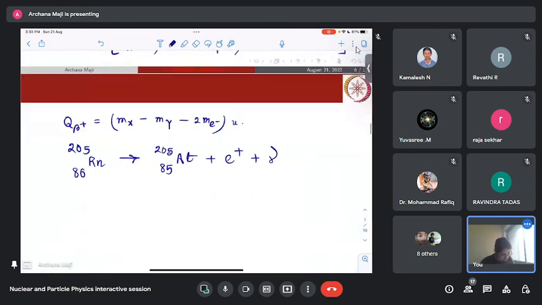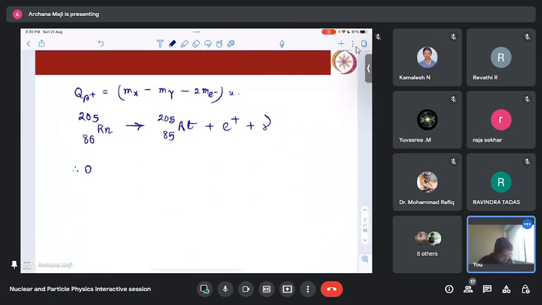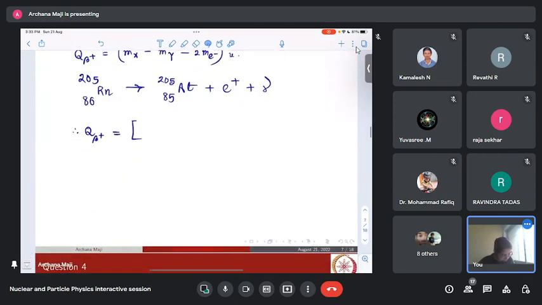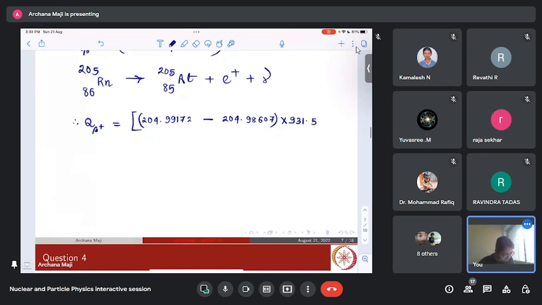So the Q of beta plus decay is equal to the mass of X, this is the mass of X, this is the mass of Y, minus, since these are in atomic mass units, I'll convert to MeV, one atomic mass unit is 931.5 MeV, minus 2 times the mass of electron, which is 0.511 MeV.